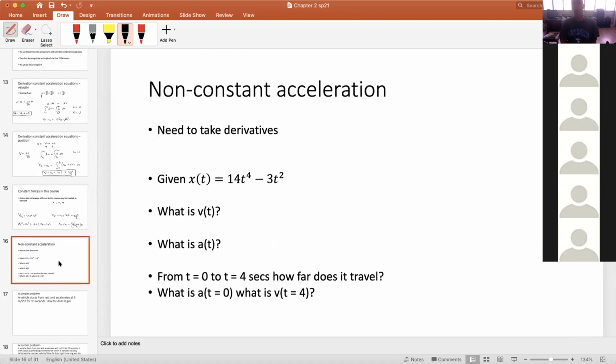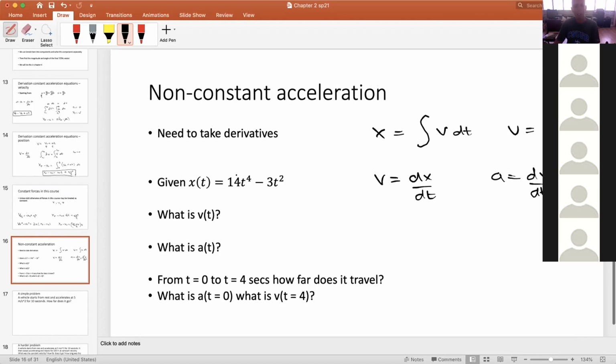If you don't have constant acceleration, you can do one of two things. You can get, as I said, x is the integral of v dt, v is the integral of a dt, v is dx/dt, and a is dv/dt, or the second derivative. And these, again, could be x or y or z, whichever one you're in.